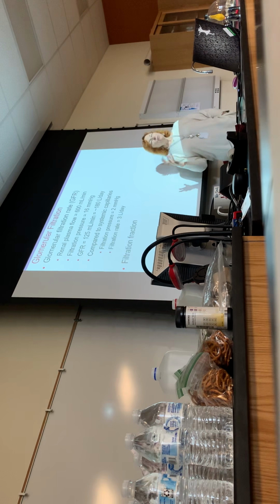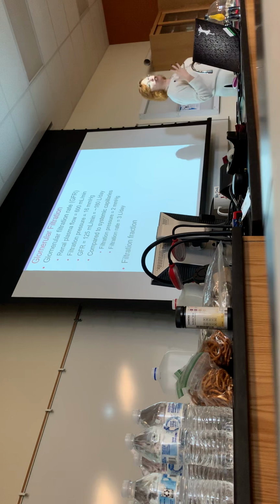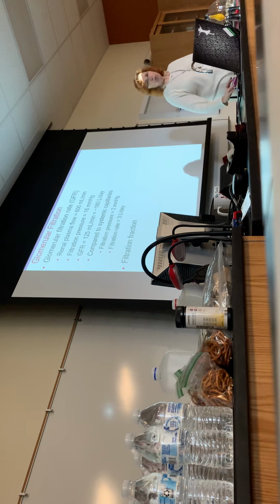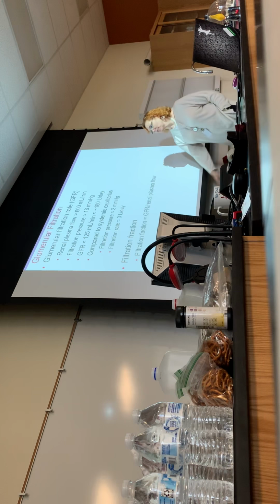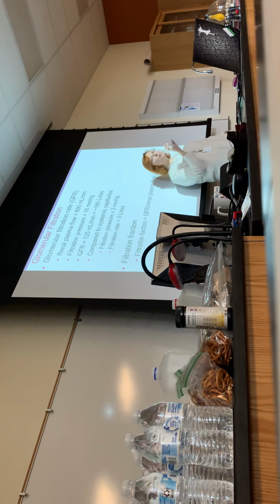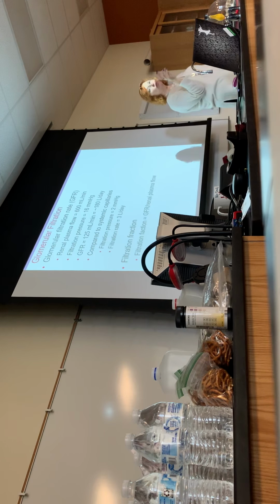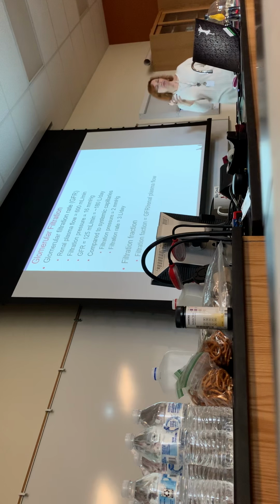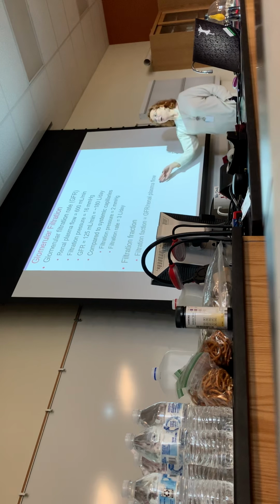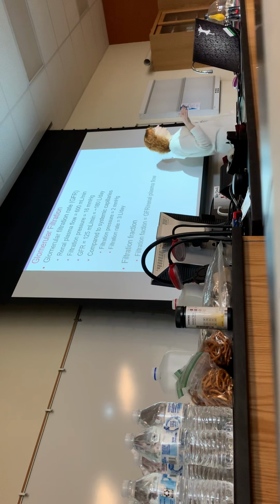So when we look at what we call filtration fraction, what we're saying is how much is filtered out through the glomerulus into the Bowman's capsule compared to how much goes into the glomerulus, right?